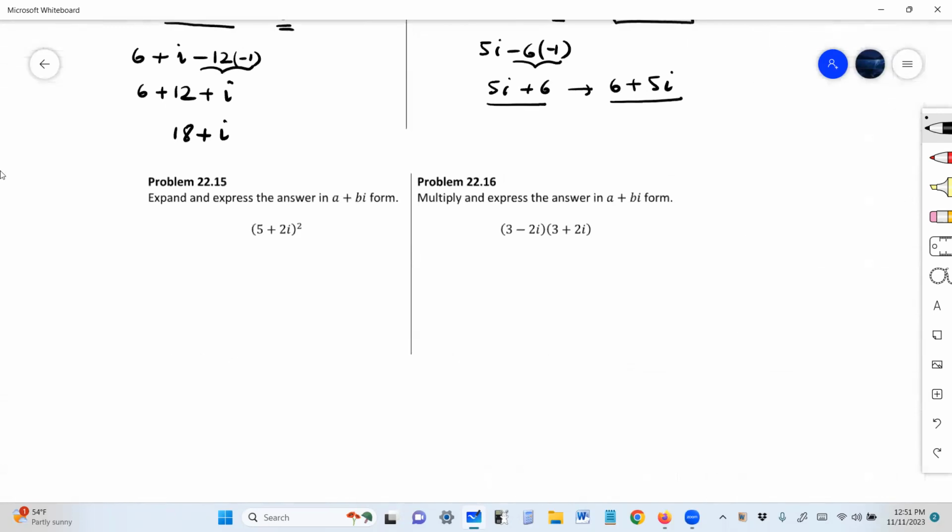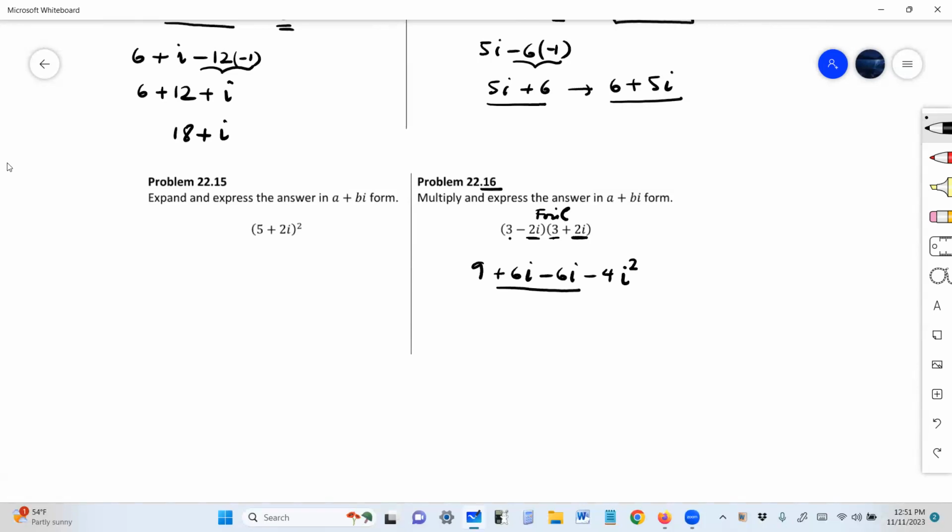Let's take a look at the last two problems. We'll do this one first because it's the same type of foiling, but something special is going to happen here. So 3 times 3, 9. 3 times 2i, 6i, negative 2i times 3, negative 6i, and negative 2i times positive 2i is minus 4i squared.